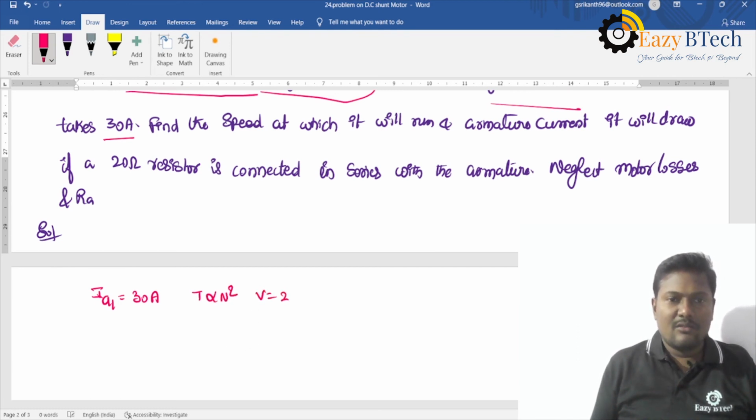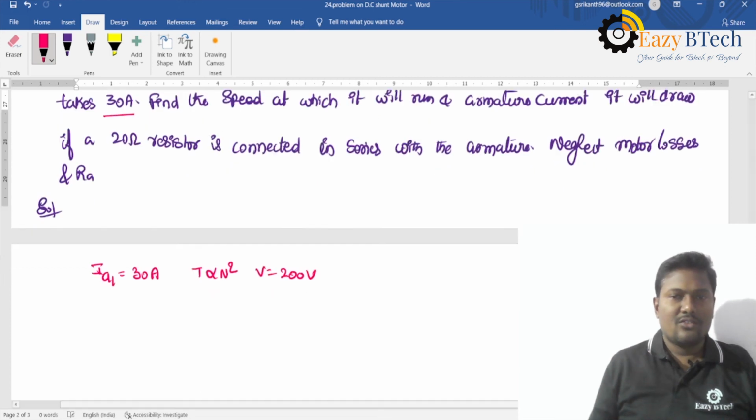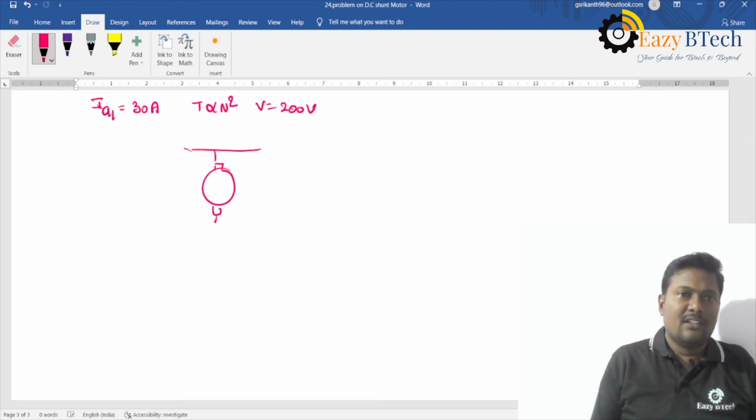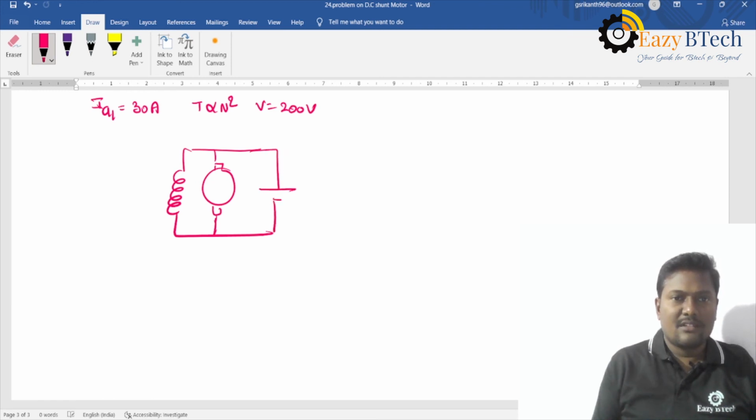Our supply voltage is 200 volts. Then you should draw the diagram. This is the armature. The field is connected in parallel with the armature. I am not disturbing the field. So this is IA, the current flowing through the field is ISH, and the current drawn from the supply is line current IL1.